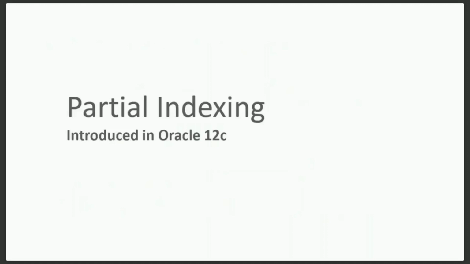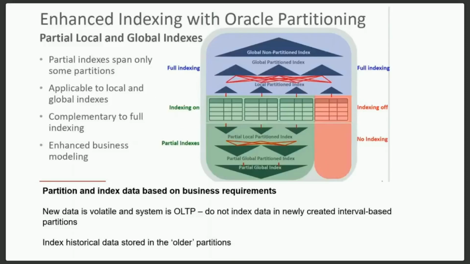Another concept, partial indexing, was introduced with Oracle 12c, and we are taking that partial indexing concept towards partitions as well. If my table has both new data and old data, I can partition my table and have a model of partial indexing, where my most recent data, which is subject to a lot of DML changes, does not have any indexes, and older data that's subject to some long-running queries does have indexes on it.